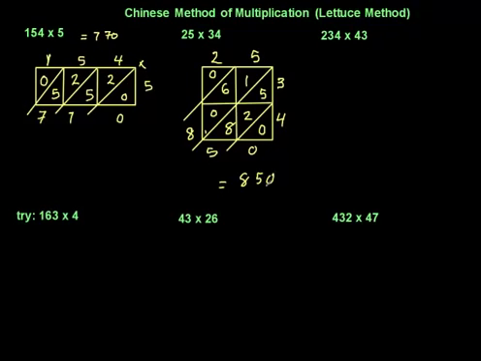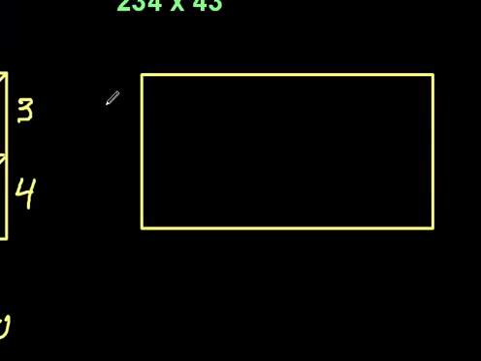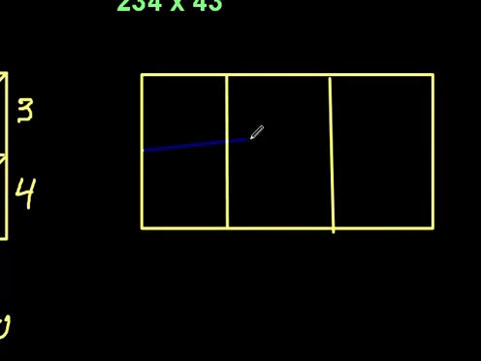Okay, now let's try another one: 234 times 43. So if I put 234, I need to draw a rectangle. Because I've got to put 234 there, I split it up in three parts first, and then I split it up that way.